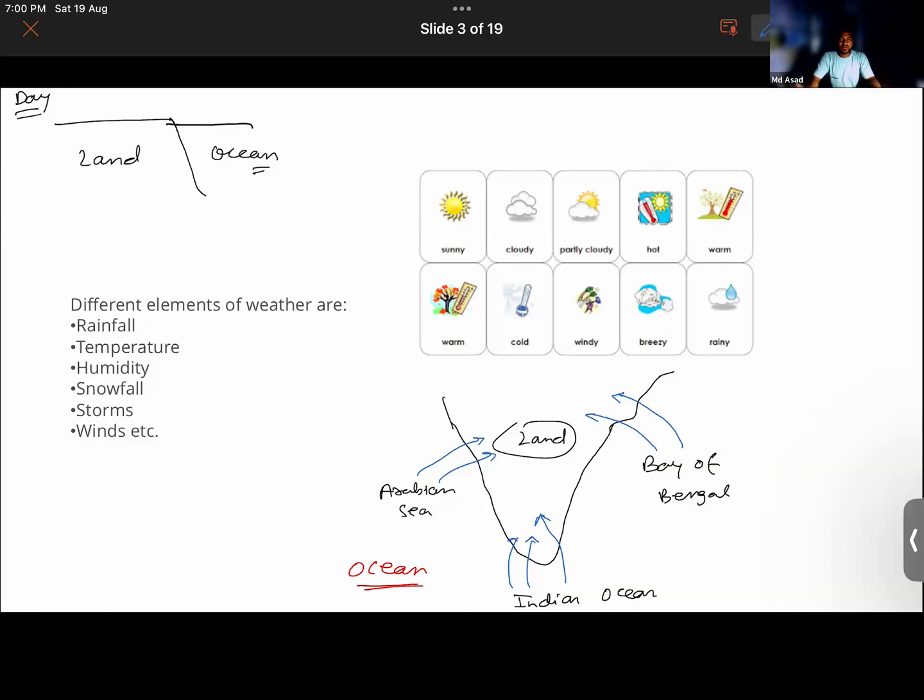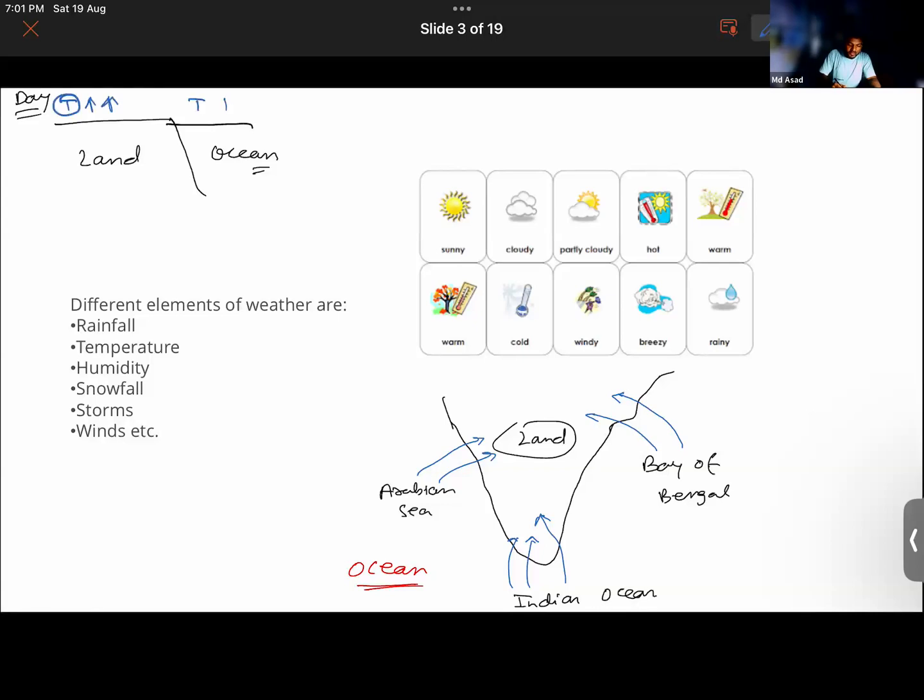That's why in deserts it will be too warm during the day, but during the night it will be too cold. Why? Because land surfaces warm up very fast and cool down very fast. Is it clear?